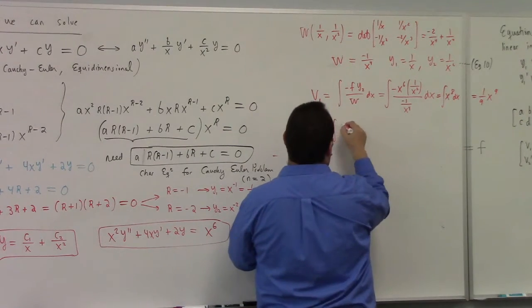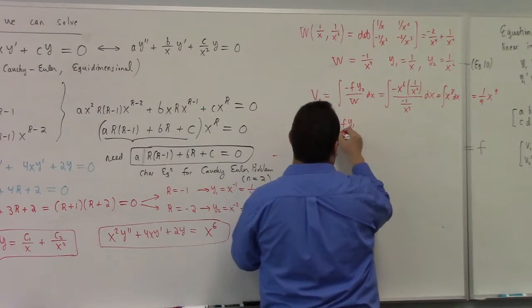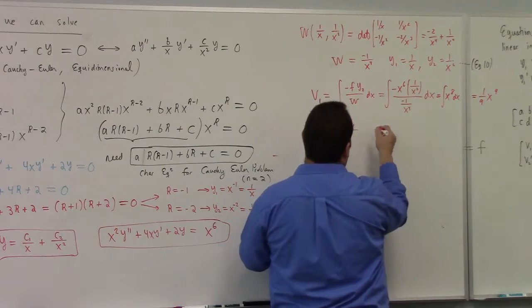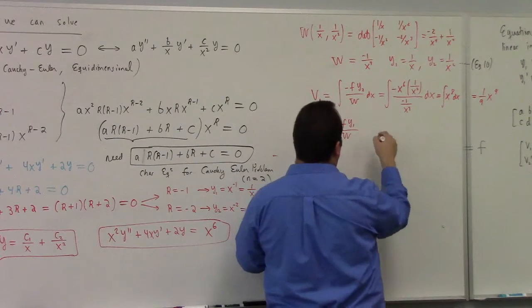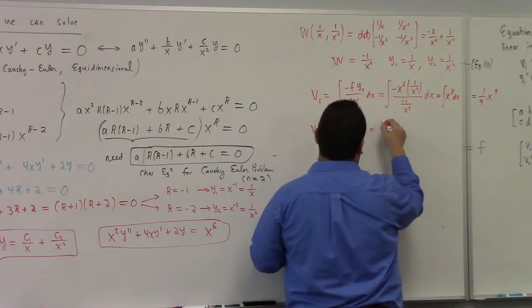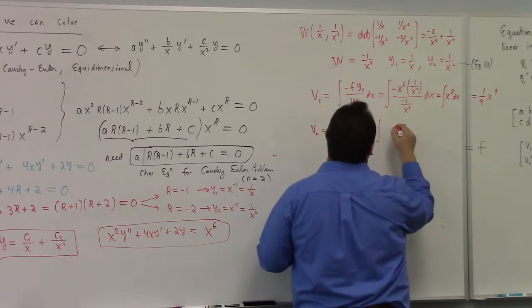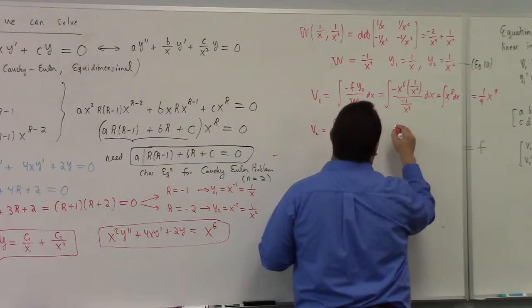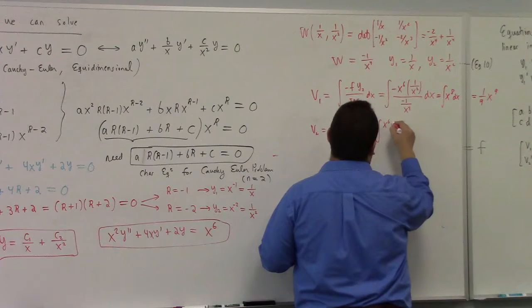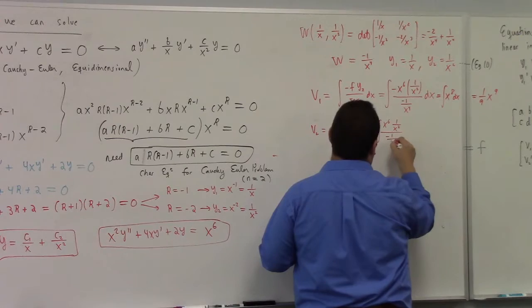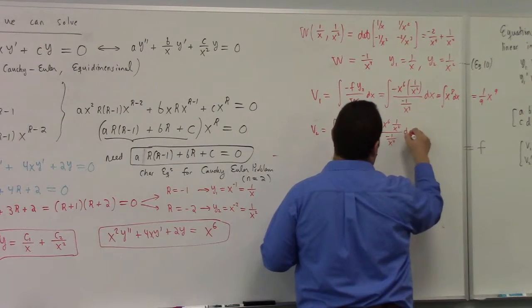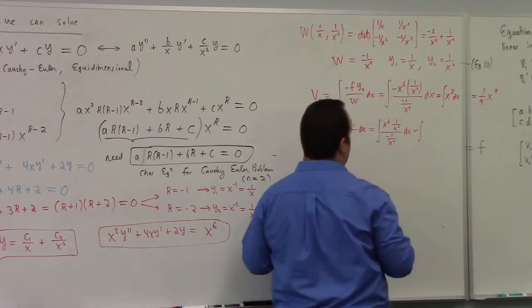v2 is the integral of f y1 over W. No minus here for the reasons we explained earlier. And so that's the integral of, what we got here, x to the 6th, 1 over x squared, over minus 1 over x to the 4th dx, which is the integral of what?